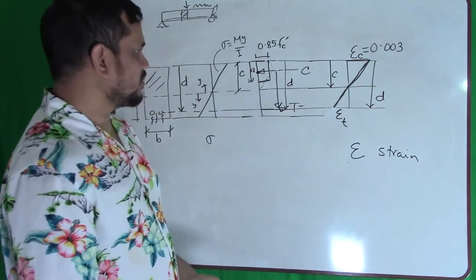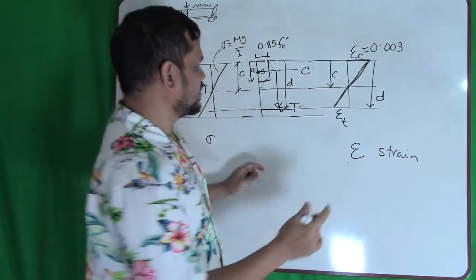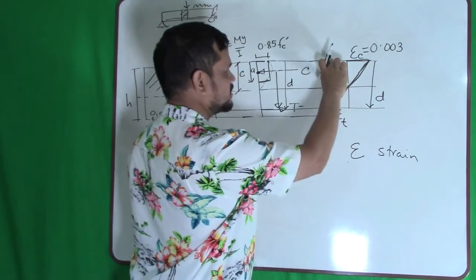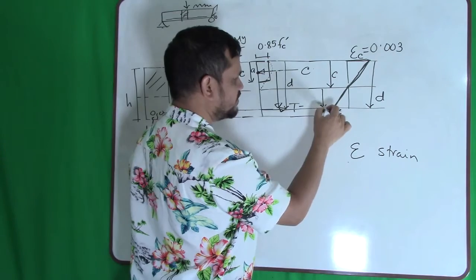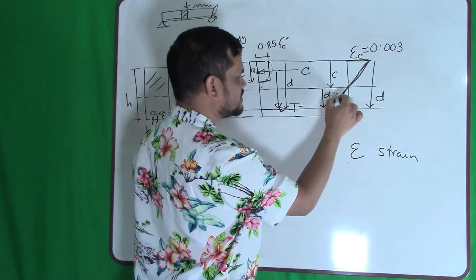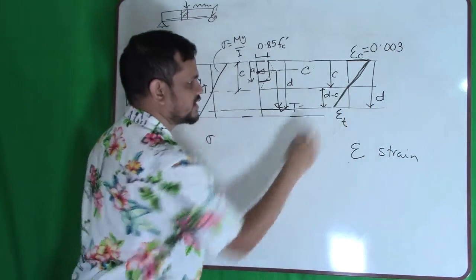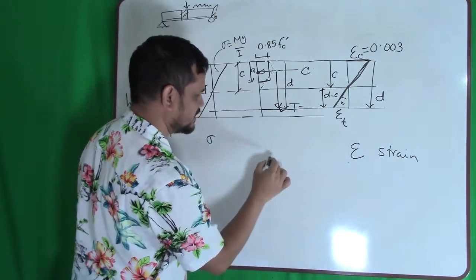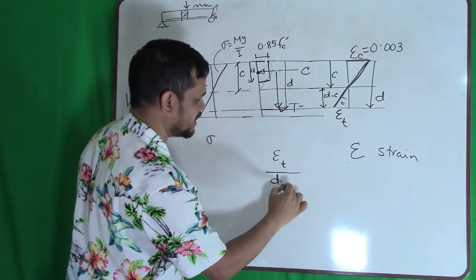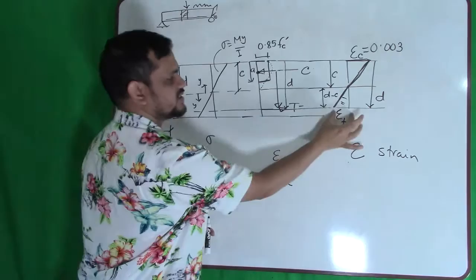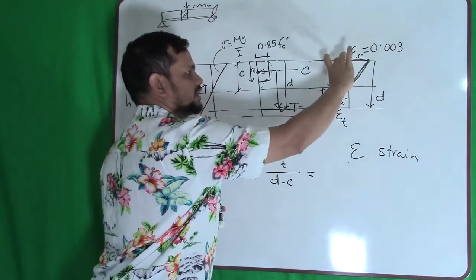We know this portion is C, this portion is D, so here to here will be D minus C. If I take this triangle, epsilon T divided by D minus C, this side by this side, must be equal to this side by this side.